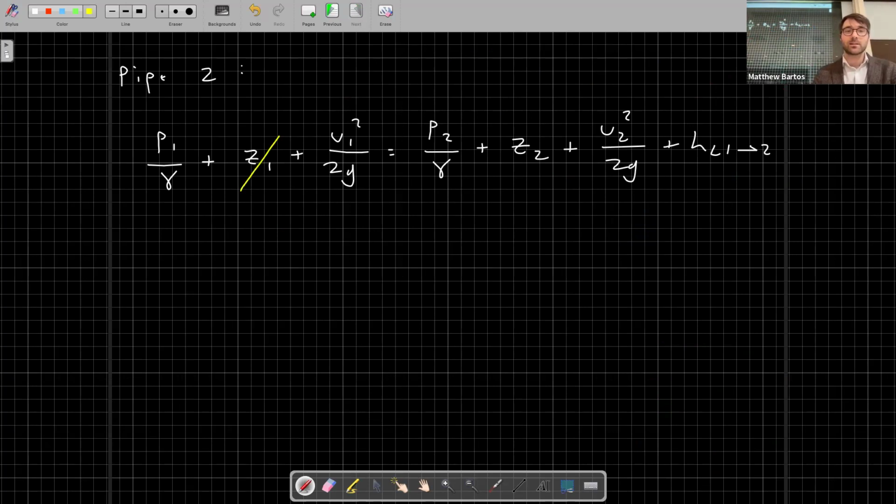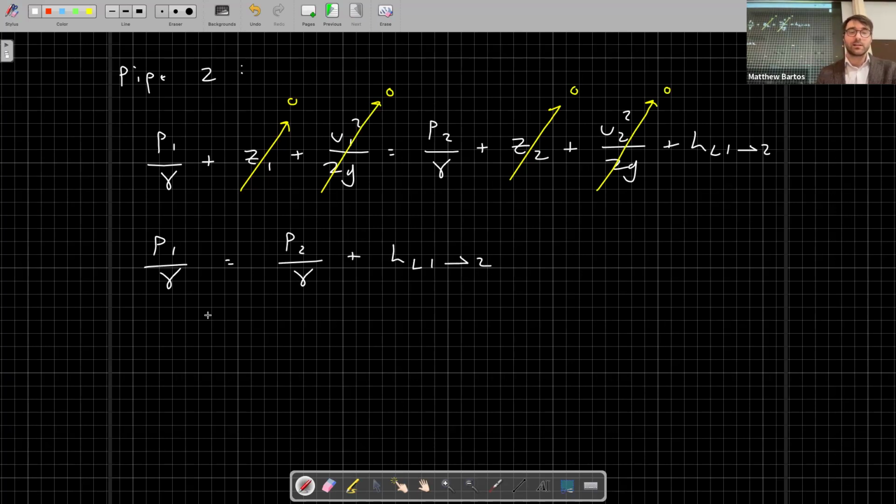So just like before, elevation at both junctions is 0. The velocity head at both junctions is 0. So what you end up with is P1 over gamma is equal to P2 over gamma plus the head loss from 1 to 2.